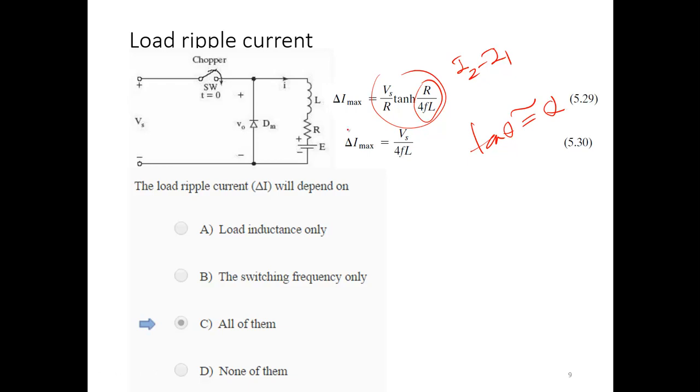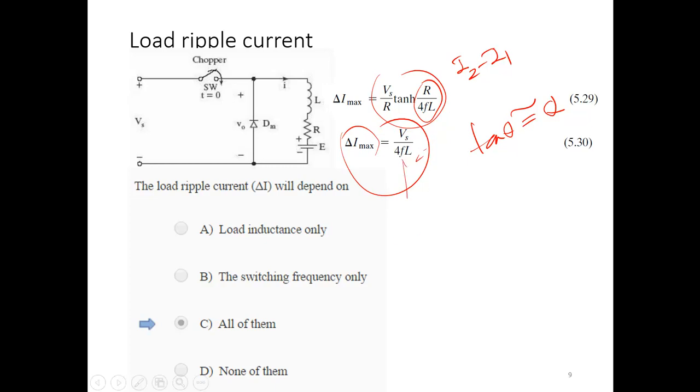Then it becomes Vs divided by 4FL. That means for the same amount of ripple, if you make the inductor high, the ripple will be less. If your frequency is high, the ripple will be less.